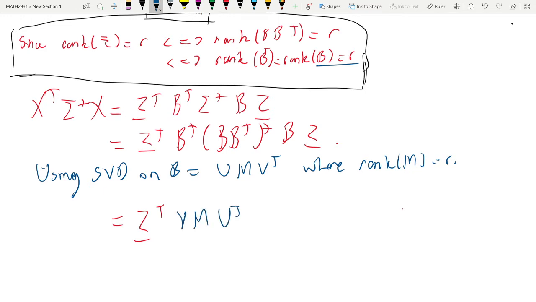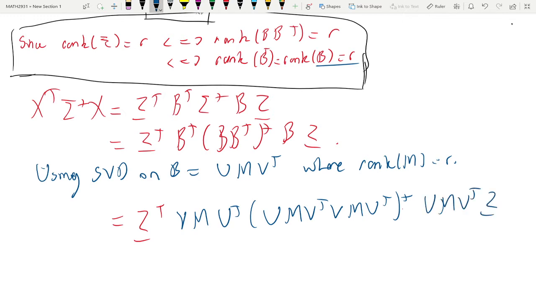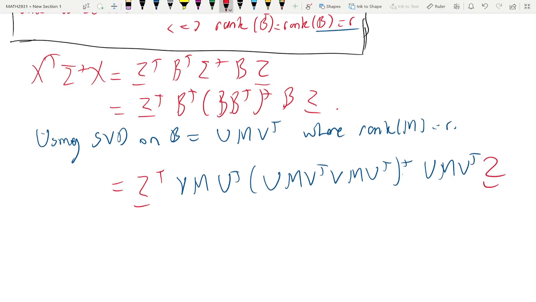U M V transpose V M U transpose plus, and then you write out what this thing, U M V transpose Z, is. Just plug everything in right now. If you focus on this thing over here, you can see this cancels out because it's an orthonormal matrix, and you end up with M squared in the middle.